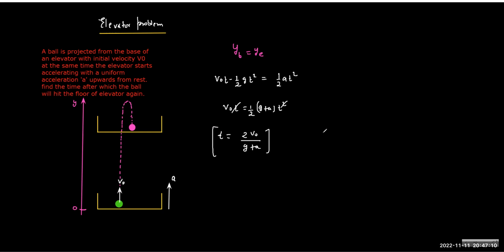Siddhant, Rugved, Prasansa, tell me. Yes, sir. So if you have really understood, then solve question 31 quickly. I have taken the case of going upward. You can take the case of going up, coming down, and whatever.